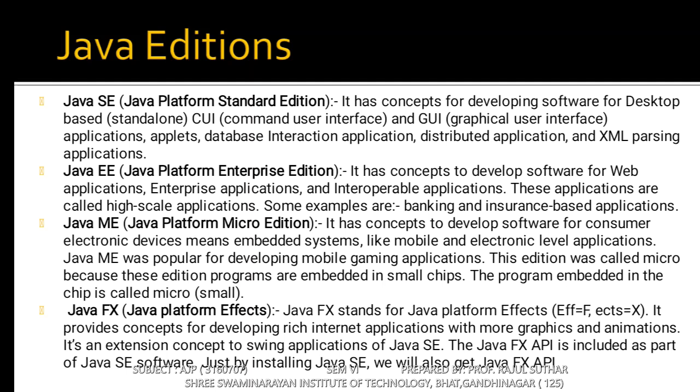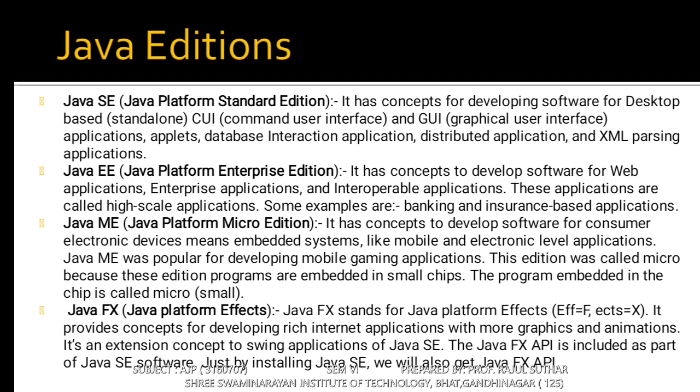Then Java Micro Edition has the concept of developing software for consumer electronic devices, meaning embedded systems like mobile and electronics. This type of application is covered in Java ME. Java ME was popular for developing mobile gaming applications.